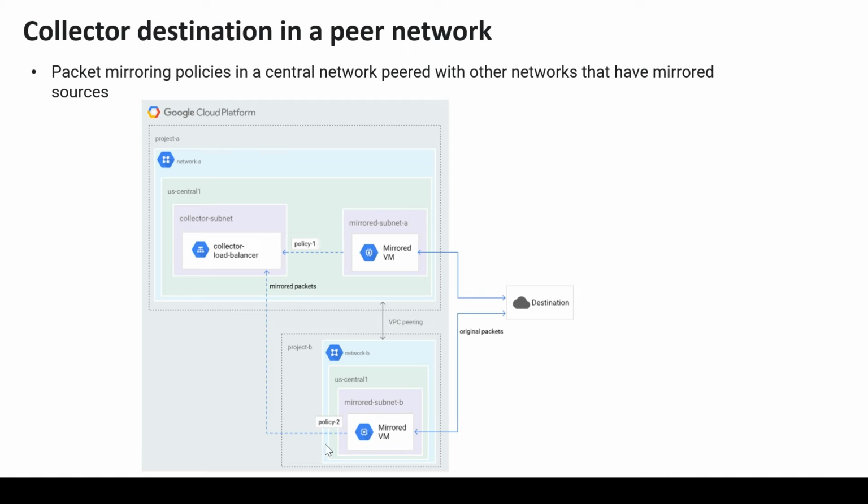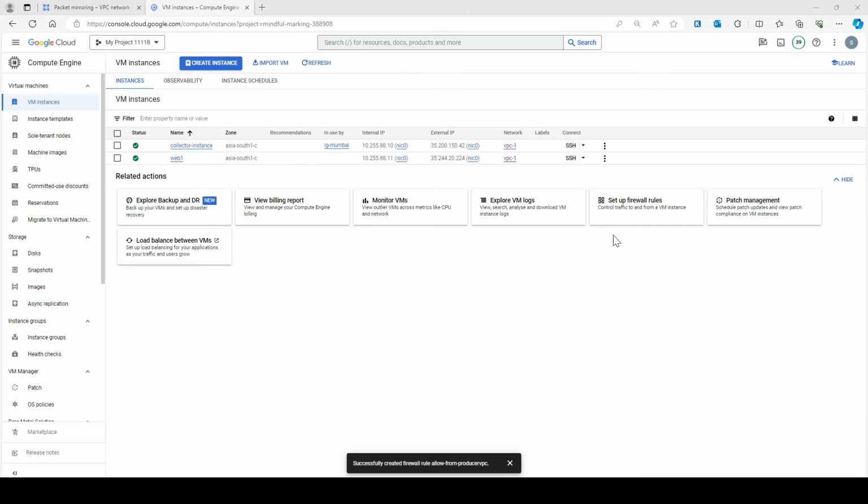So the traffic will be mirrored and replicated here. How is this possible? We can create a VPC peering, right? Only the source VM is going to be targeted in another project or another VPC network, and everything else remains the same. So let's see this in demo.